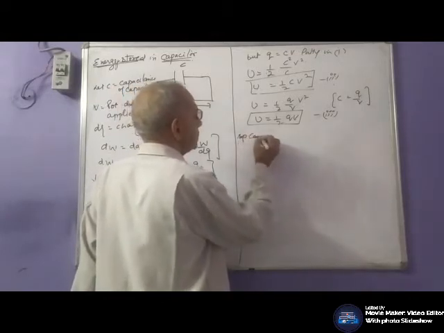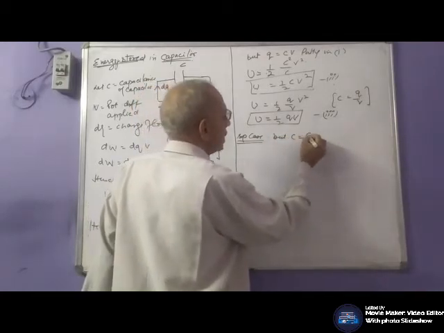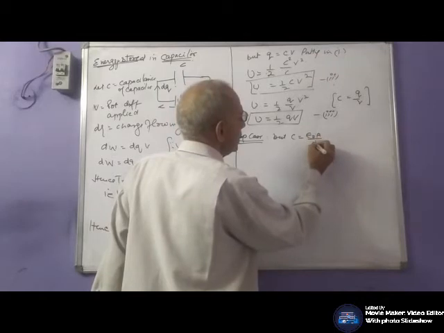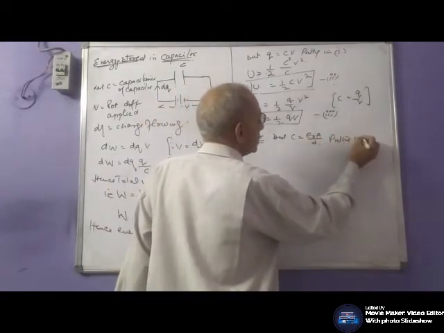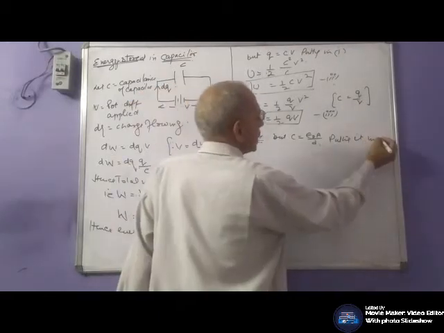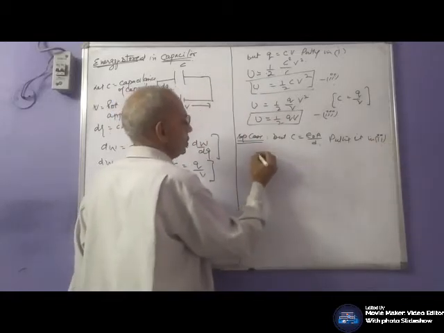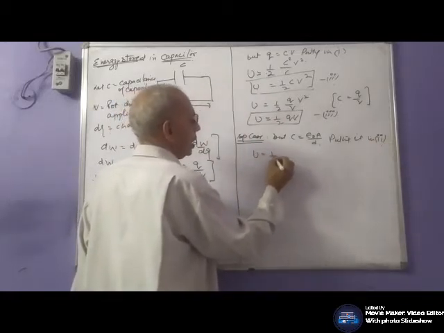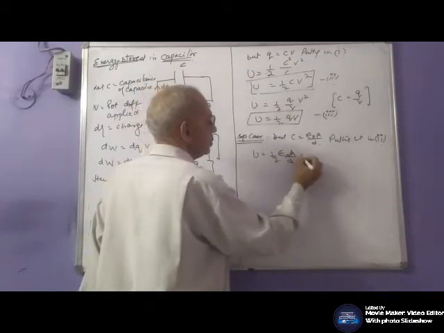Special case. C is epsilon naught A by d. Putting it in the second, U is half epsilon naught A by d V square.